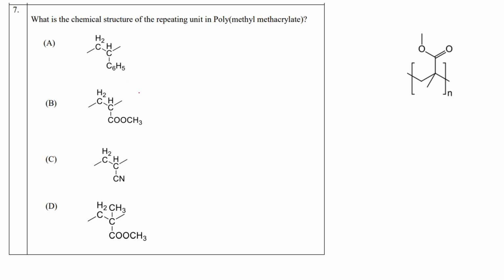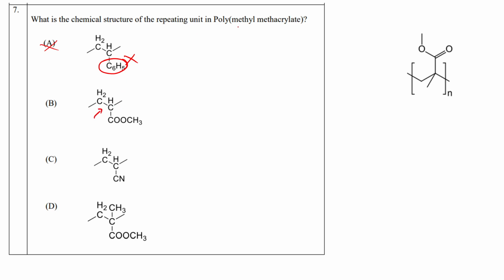So now let's look at it. Here the phenyl ring is present. It's not that, because this kind of structure is for polystyrene, you can see. So not this one. For this it's close, but here we need one methyl group.